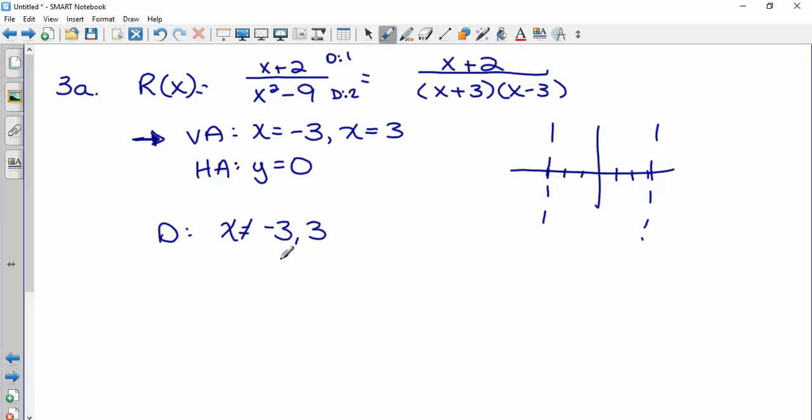If it is more than one value, I will let you just list it like this. If it's a single value that x can't be, then I expect interval notation. If you did write the interval notation for this one, it would be everything before -3, everything between -3 and +3, and everything bigger than 3. But I would also accept just x cannot equal those two values.